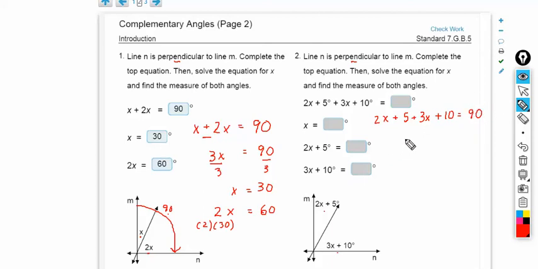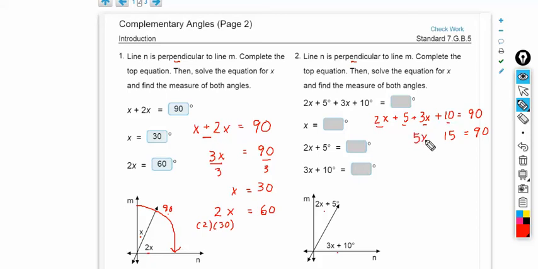Then the next thing we're going to do is combine the like terms. 5 and 10 are just regular numbers, so 10 plus 5 is 15. Then we combine these variables: 3x plus 2x is 5x.